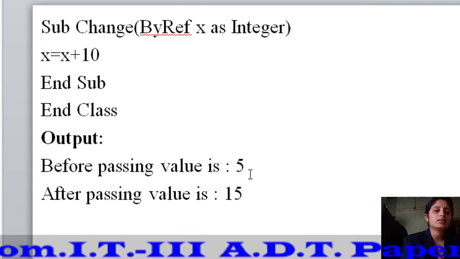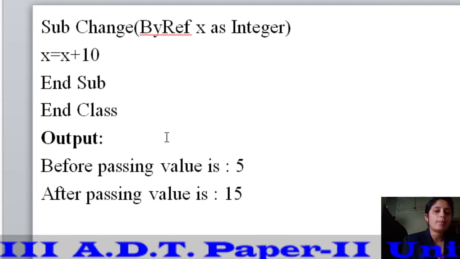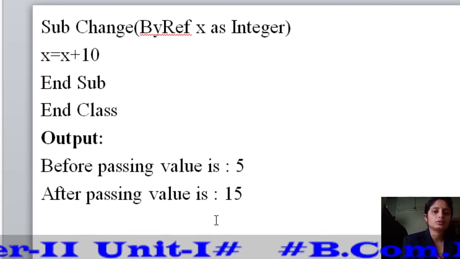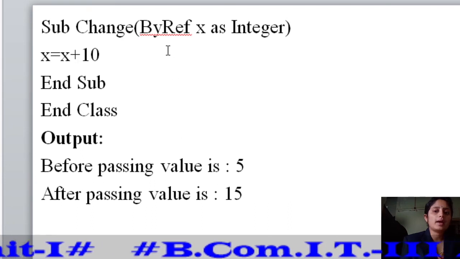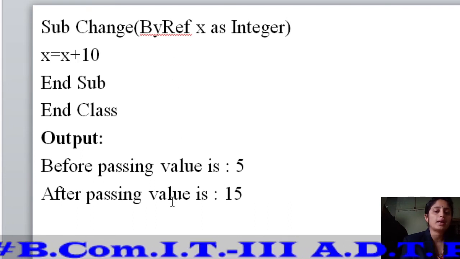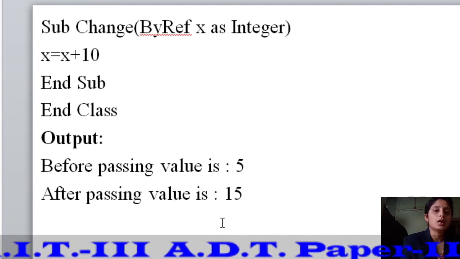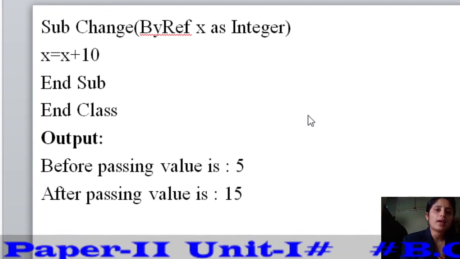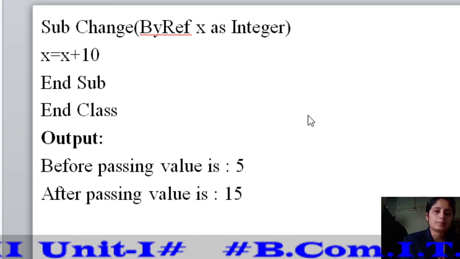Before passing the value is 5, and after passing the value is 15. So in call by reference, the actual parameter values are changed, but in call by value, the value of the actual parameter remains the same.